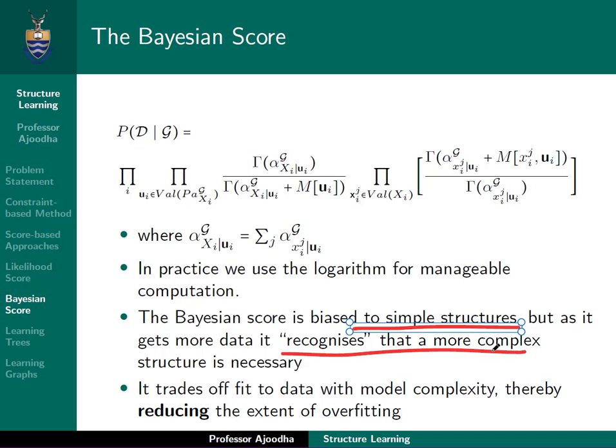So it wants a simpler structure, and it's going to try to design a simpler structure. But as it has more data that can support the need for more complicated relationships, then it'll recognize the need for a more complex structure. So the beautiful property of the score is that it trades off the fit to data with the model complexity, and therefore reduces overfitting.